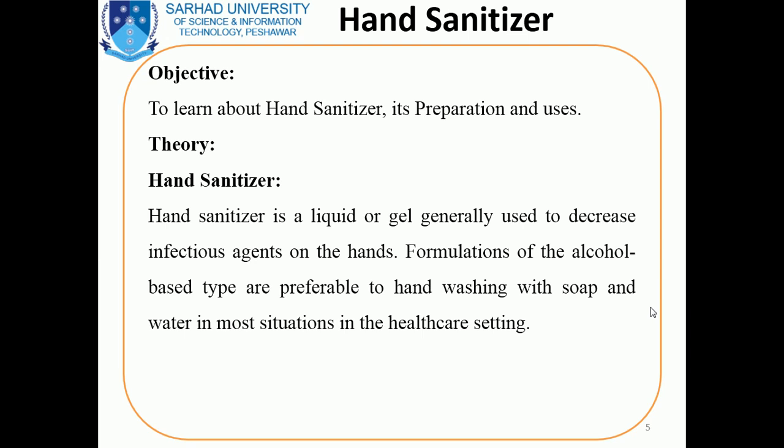But formulations of the alcohol based type are preferable to hand washing with soap and water in most situations in the healthcare setting, in the hospitals, in the clinics. The preferable one is alcohol based type formulation.